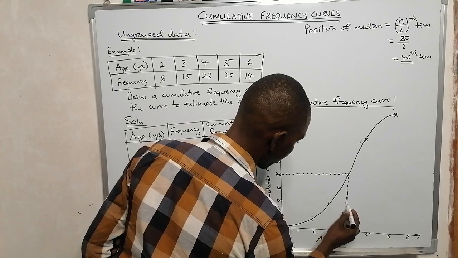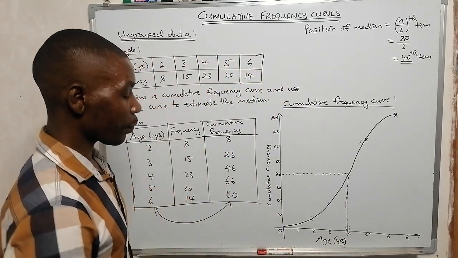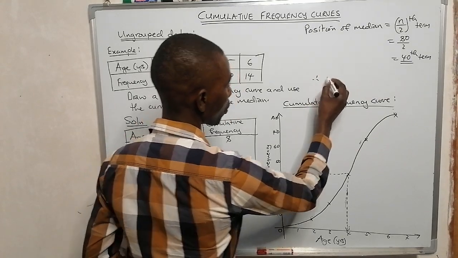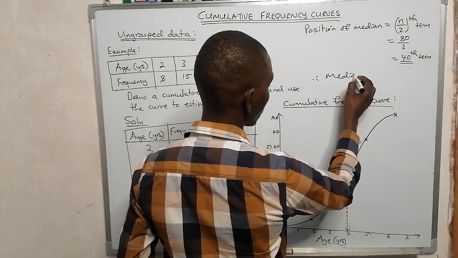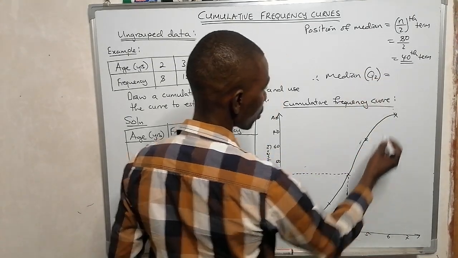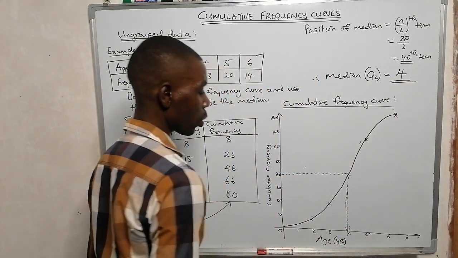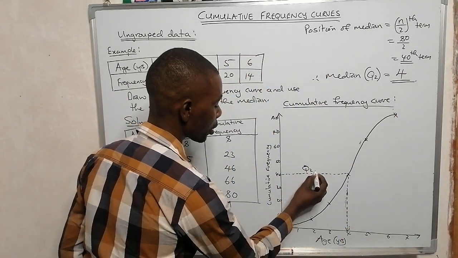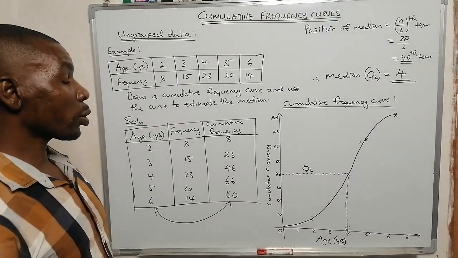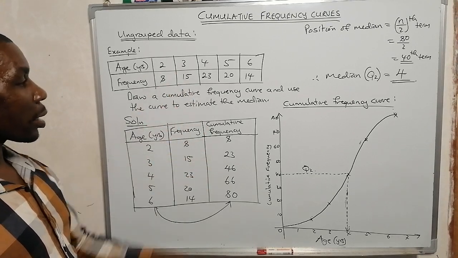What is the number here? We have something like 4 on your graph paper. So therefore your median, sometimes called Q2, is equal to 4. That's how you get your median. This is Q2. So this is how you plot your cumulative frequency curve from this ungrouped data.